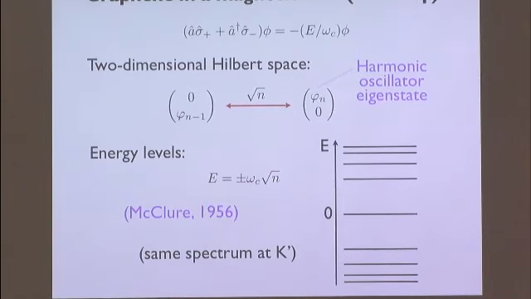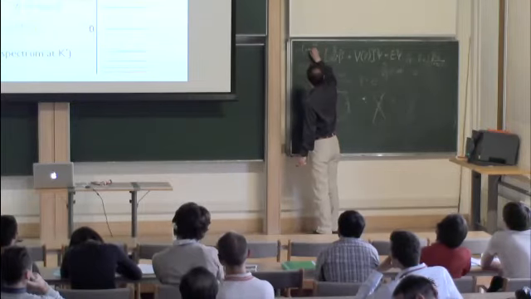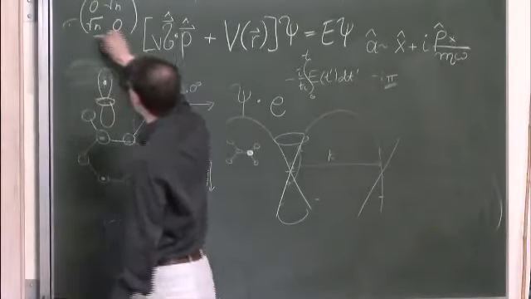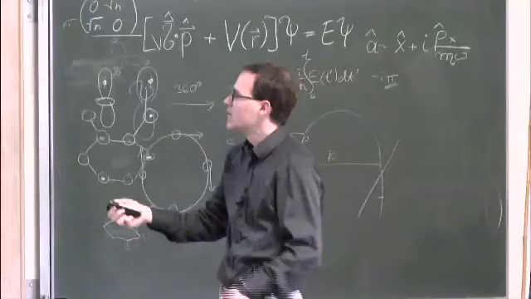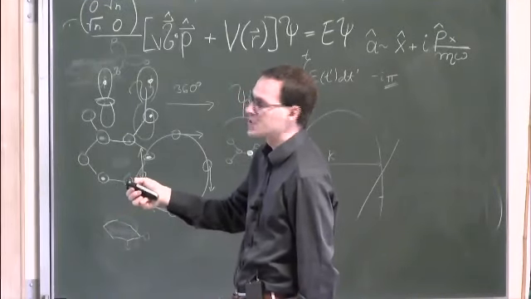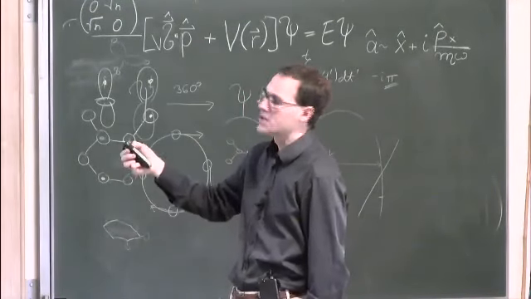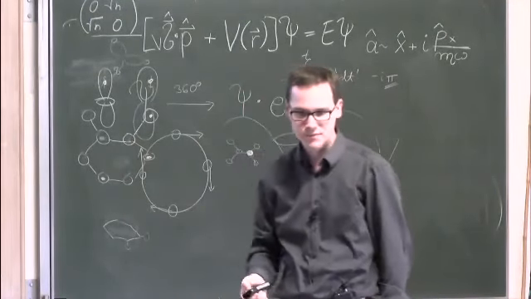Okay. So then certainly you can diagonalize a Hamiltonian that only has two off-diagonal components that look like square root of n, like this. And the energies will just then be plus or minus square root of n times the cyclotron frequency.